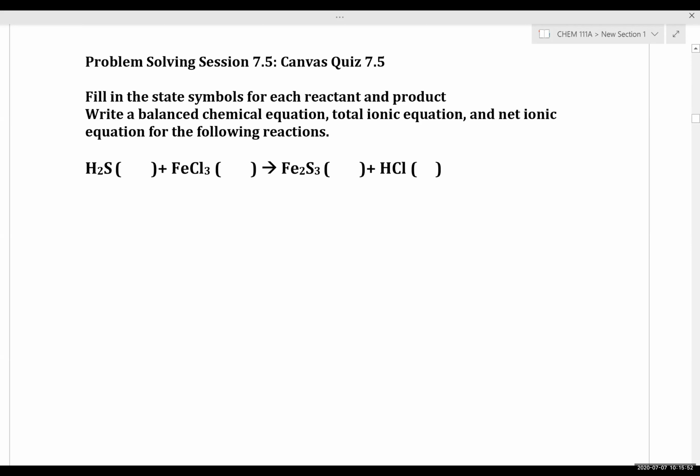In about 2 to 3 minutes, we'll assign some state symbols, just so that everyone's on track and we're able to really practice the skills that we're looking at in this section for net ionic equations. So give your best attempt on this problem, and don't be shy to submit your responses via the chat.